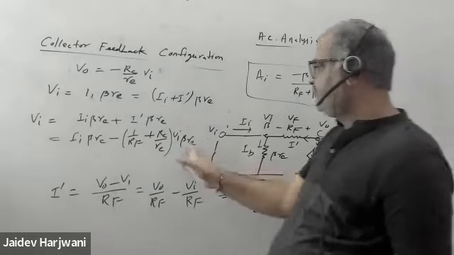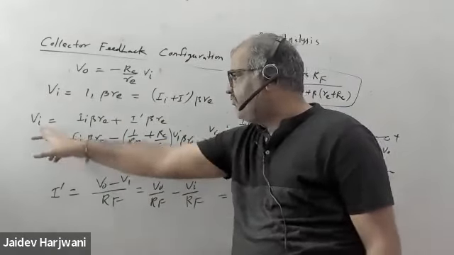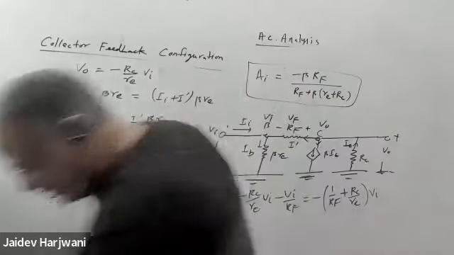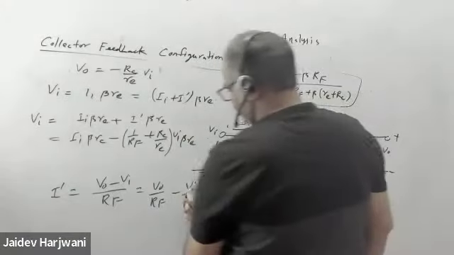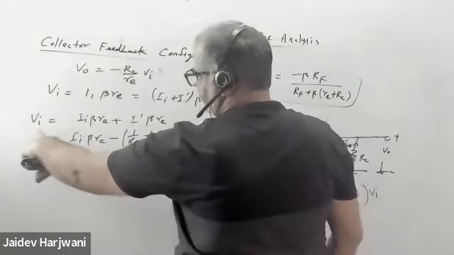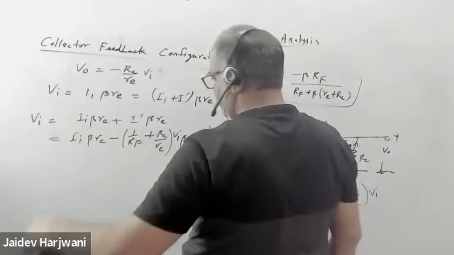Now the V input term you can take common, so you can find the ratio of V input upon I input. You basically want V input upon I input, right? So here is V input, here is V input, take V input common.